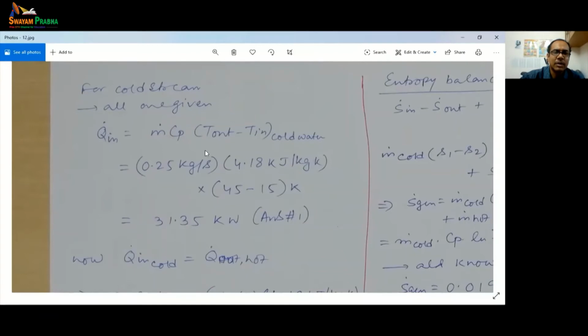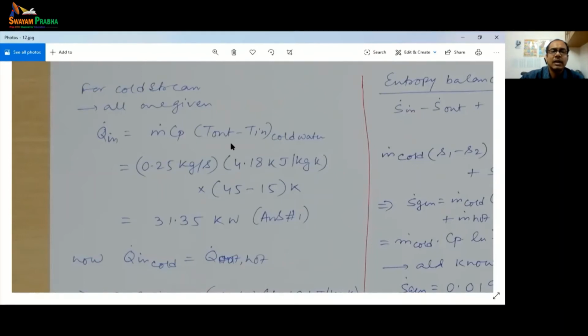So here the mass flow rate is given to be 0.25 kg per second. Cp I have looked up from the table, that's 4.18 kilojoule per kg K, and I insist that you please try to remember this number. It is such a basic number, the specific heat of water, please remember that 4.18 kilojoule per kg Kelvin.